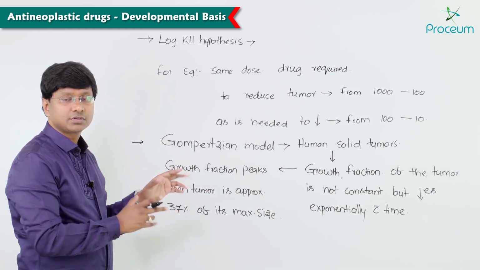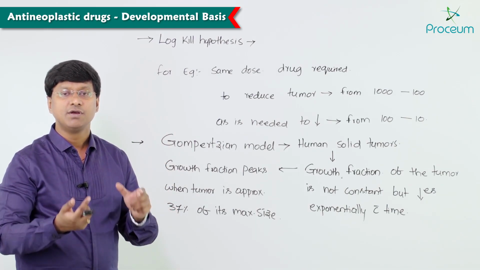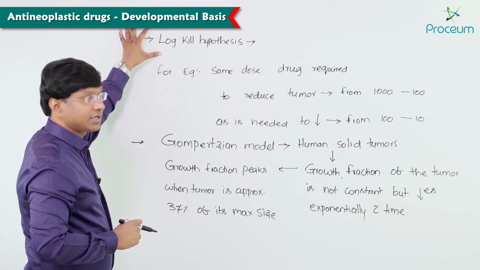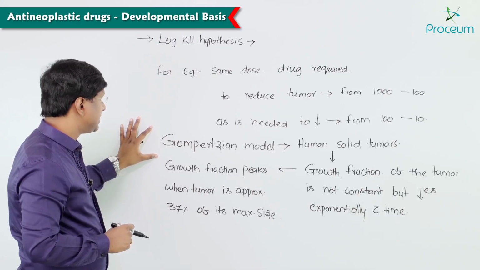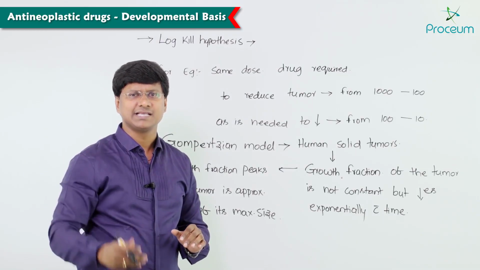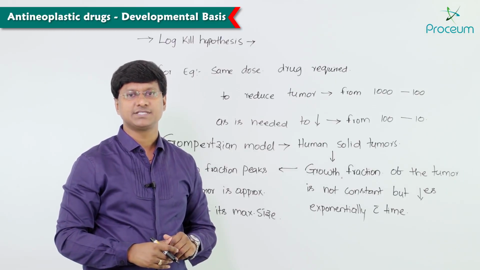So this is about the antineoplastic drugs following first order kinetics: one is based on the log-kill hypothesis and the other is the Gompertzian model. Now let me tell you what are the various classes of the antineoplastic drugs.